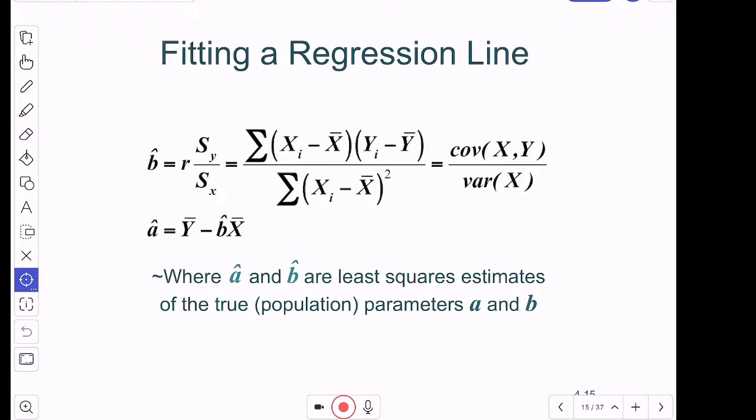You could actually reduce it to see that it ends up being r s_y over s_x, and that reduces to this, which is just covariance over variance.